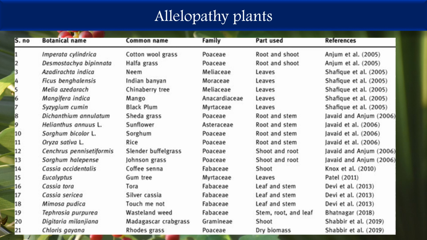So as you can see, these are certain examples, and I have taken this from ResearchGate, from some paper. So these are the allelopathic compounds that are seen around us.